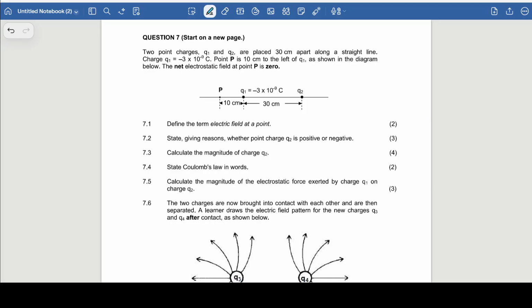Okay. So the 2 point charges Q1 minus 3 times 10 minus 9. Okay. So do you want me to advise you or you want the answer? Which one?